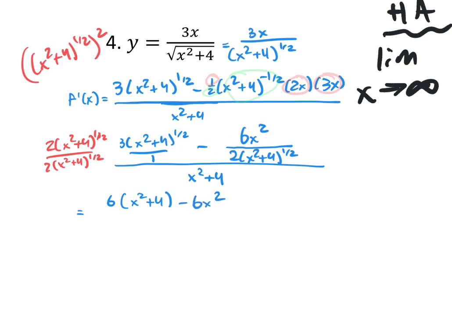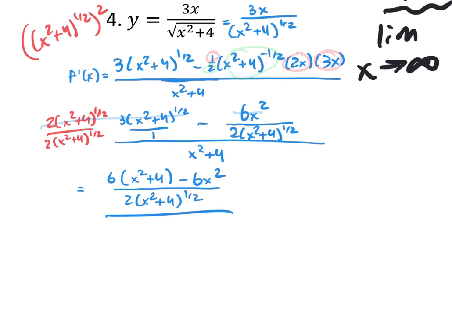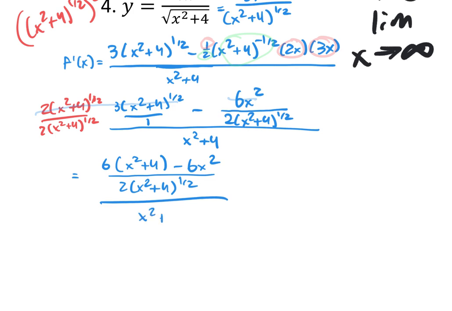So that really takes care of all of that. Okay. And then that is all over 2 times x squared plus 4 to the 1/2, all over x squared plus 4.